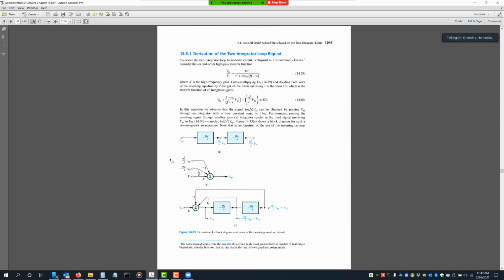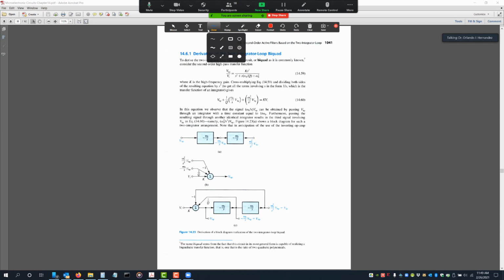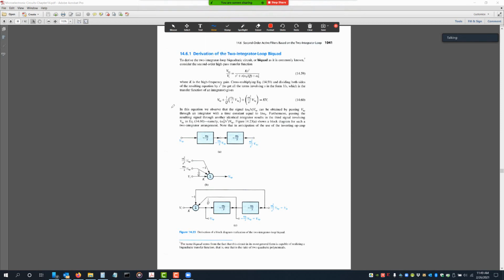So essentially what we're going to see is two cascaded integrators, exactly the same. So we have two to get the second order that, depending on where we tap, are going to give us different types of filter behavior.